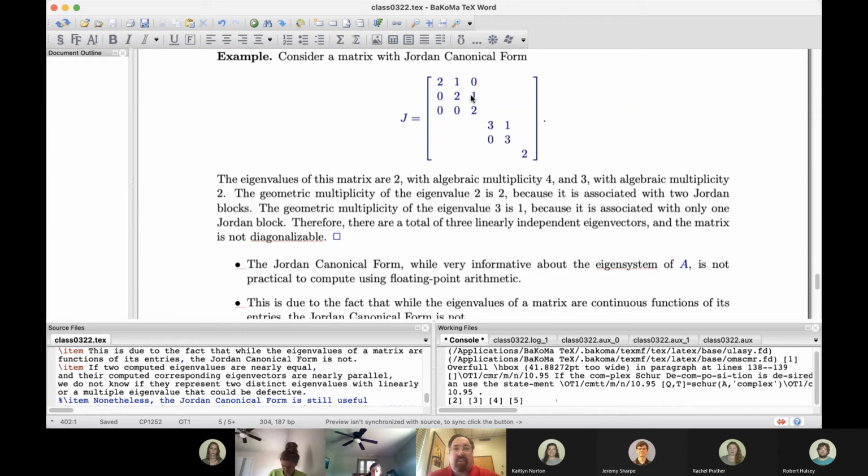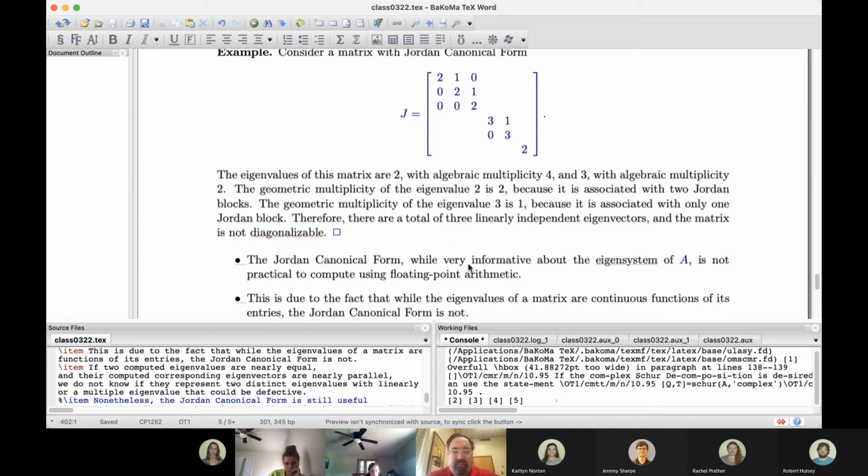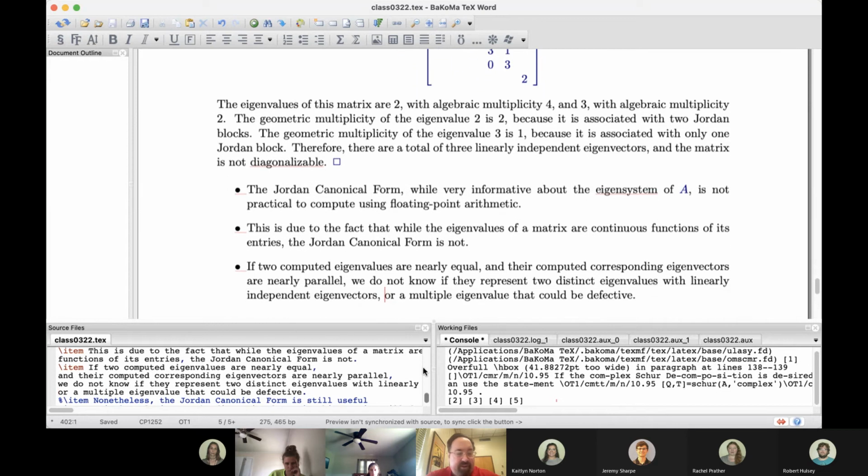So in other words, a slight perturbation of A could lead to an entry of a Jordan form changing from 0 to 1. That's what I mean by the Jordan form not being a continuous function of the entries of A. If you have that kind of an abrupt jump, literally a jump discontinuity in the entries of the Jordan form, then you do not have continuity.